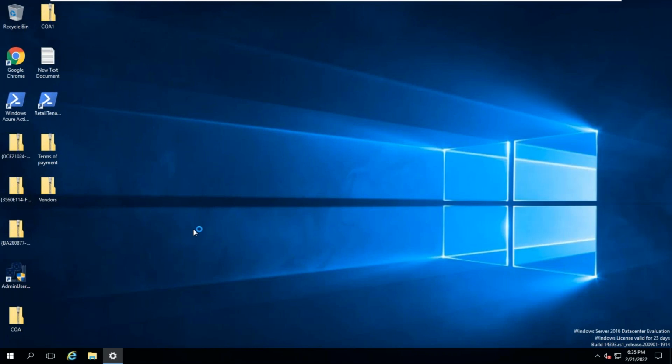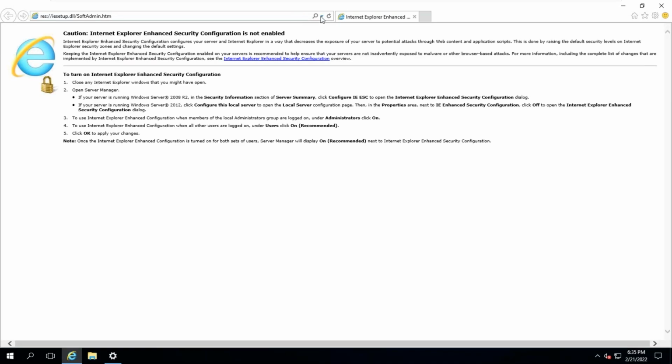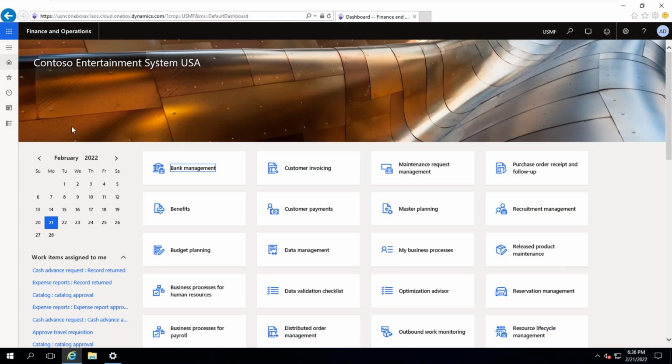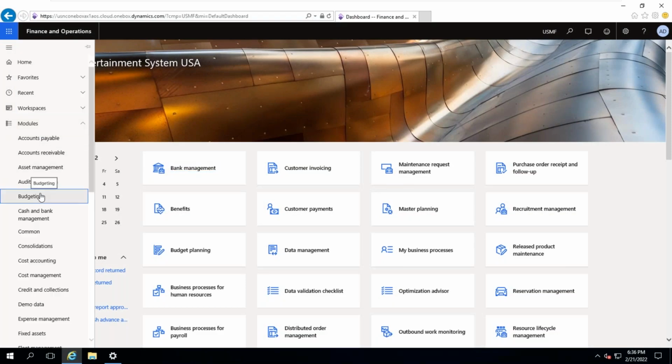Okay, so let me show you the application, and I will show you one existing example. Suppose we are going to the USMF company. So, budgeting.